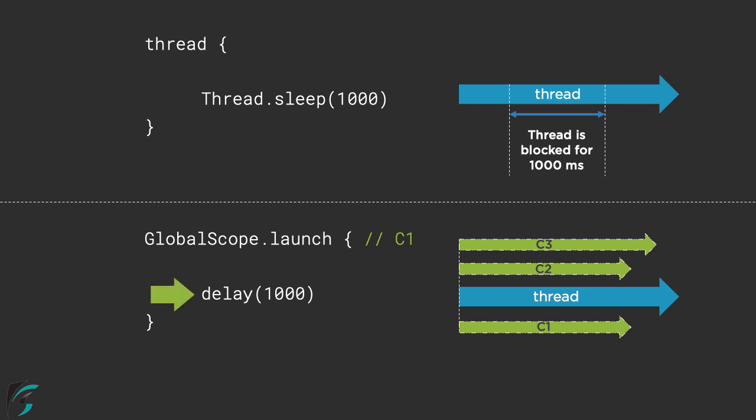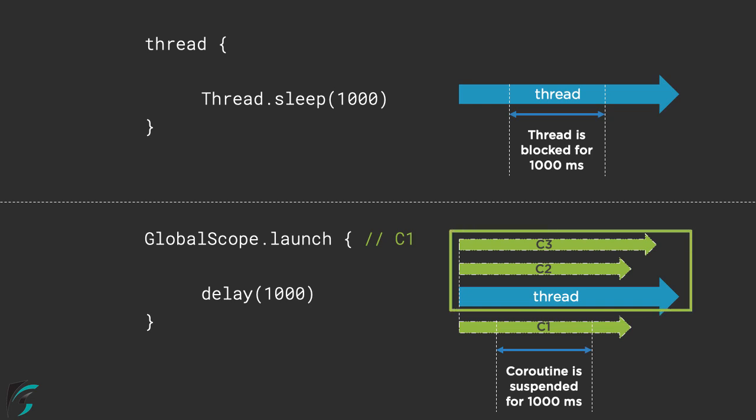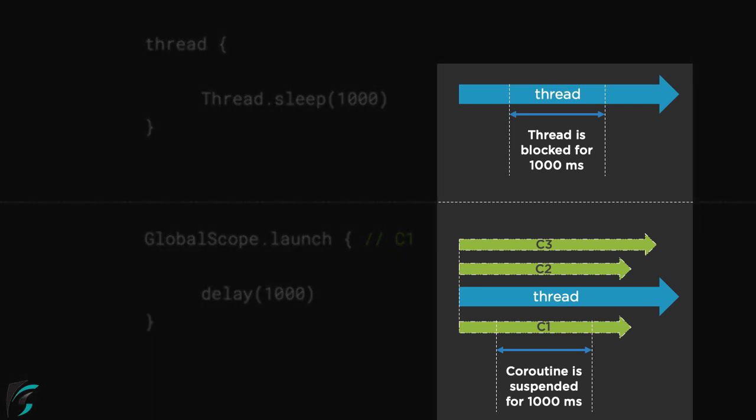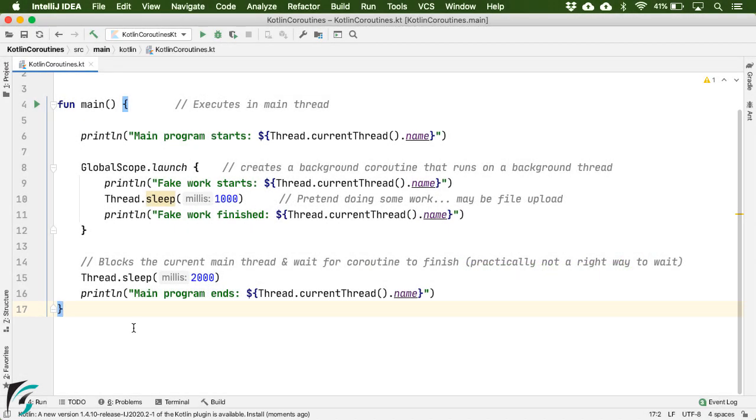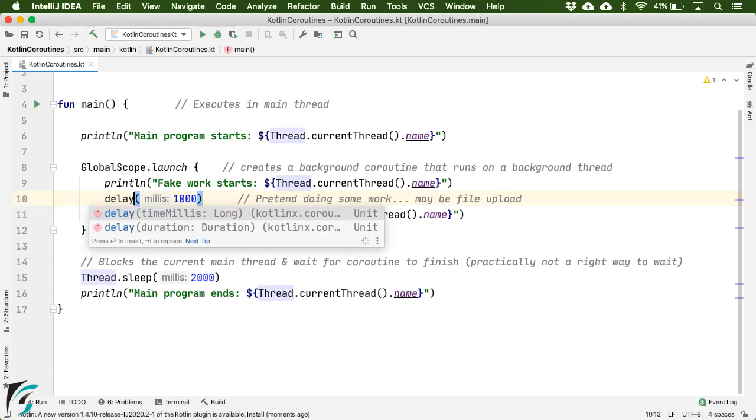Now, when this statement delay 1000 is executed, it suspends the coroutine for 1 second. But it does not block the thread at all, which means the execution of other coroutines is not affected. They keep operating in the normal manner. So I hope this clearly shows you the differences between the delay function and the thread.sleep function. So here in our program, let us replace this function with the delay function.